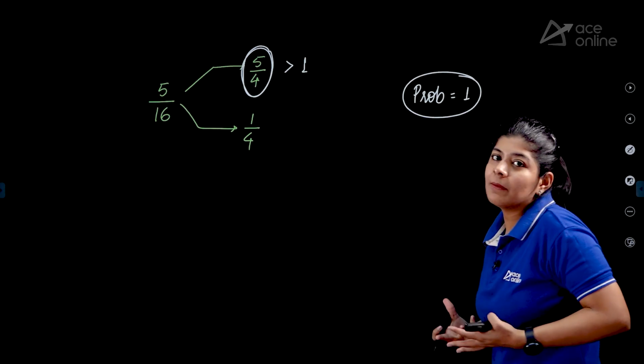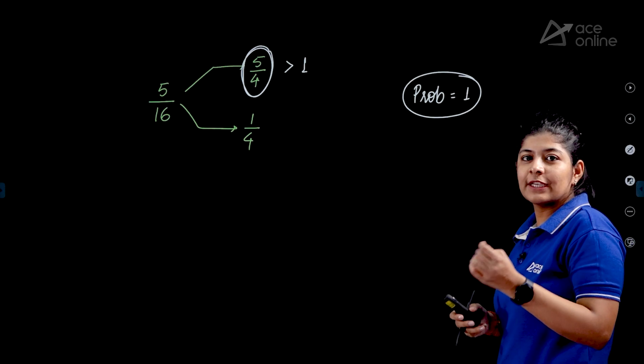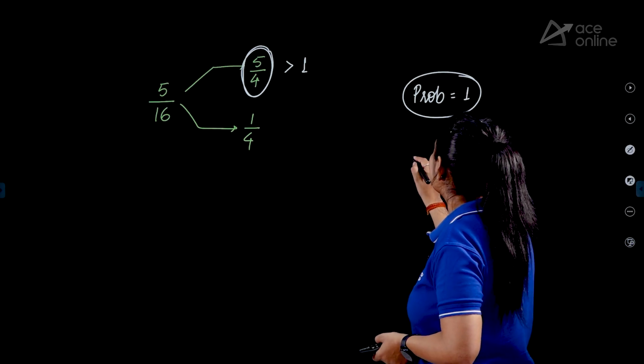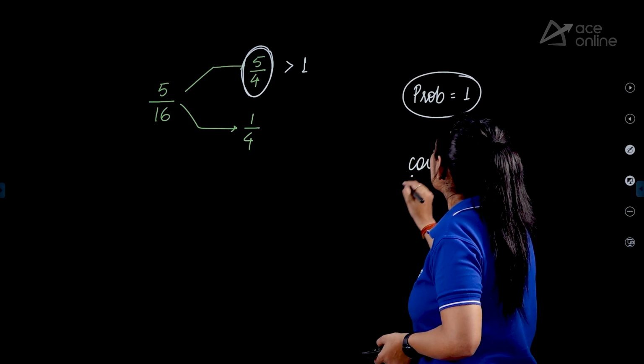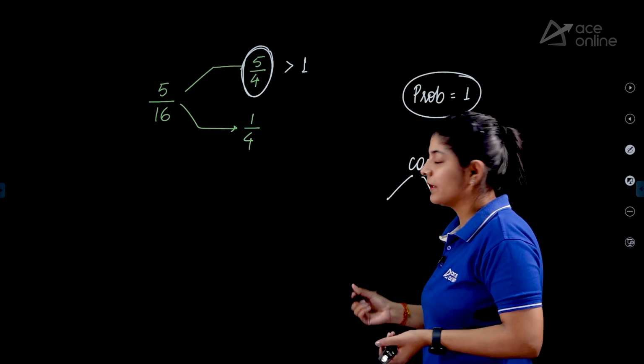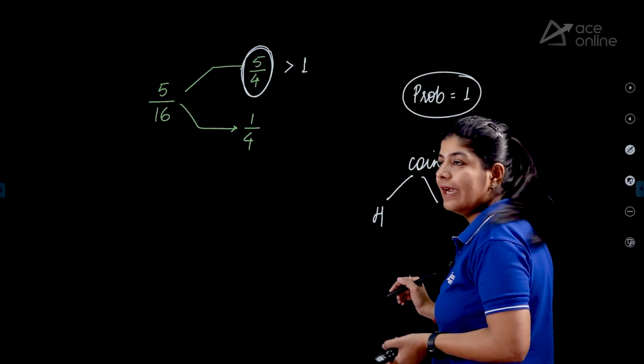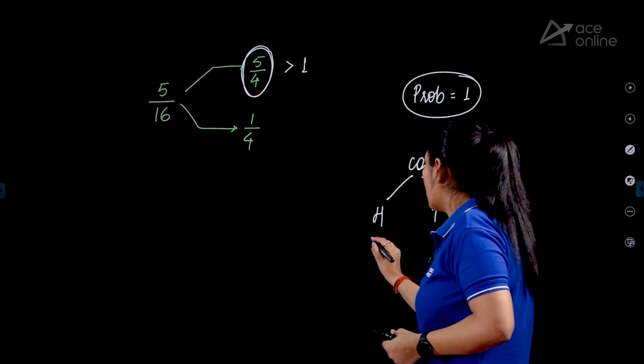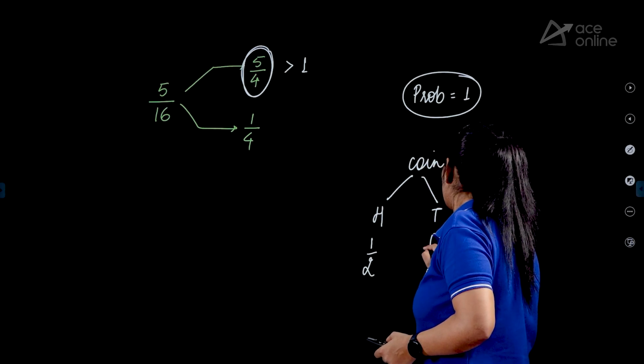So it can't be possible. If we are tossing a coin, we know that for a single coin we have only two possibilities. We will either get heads or tails. So in the normal case, we have equal probability.